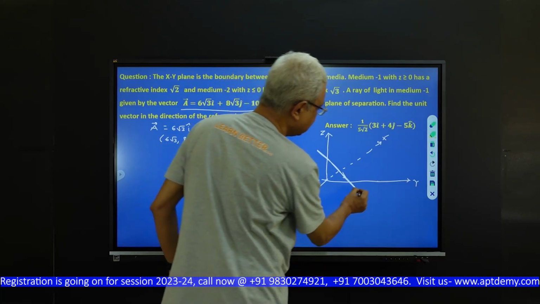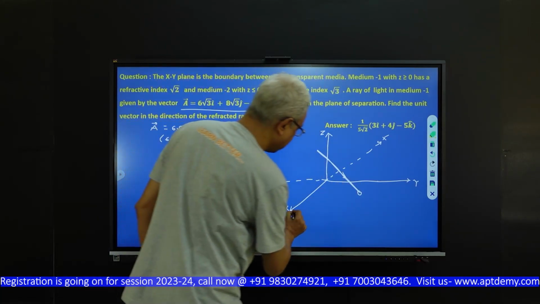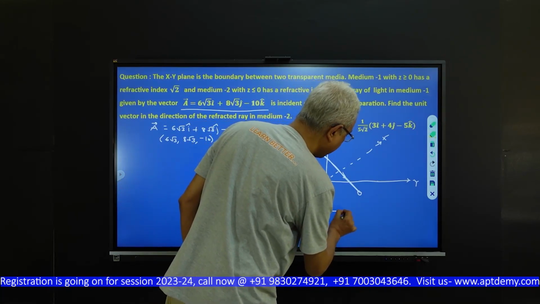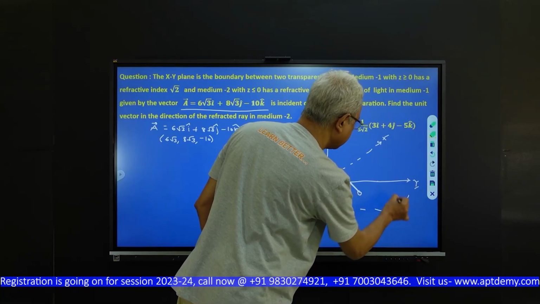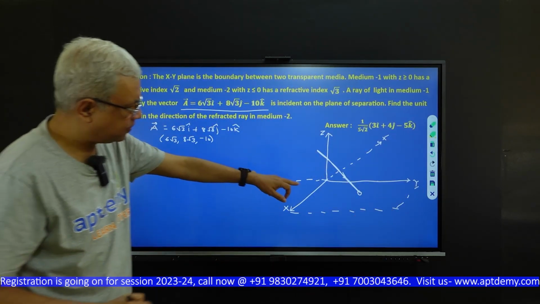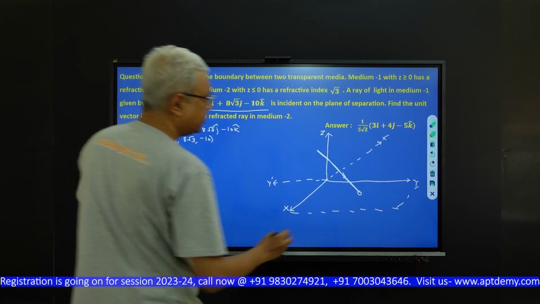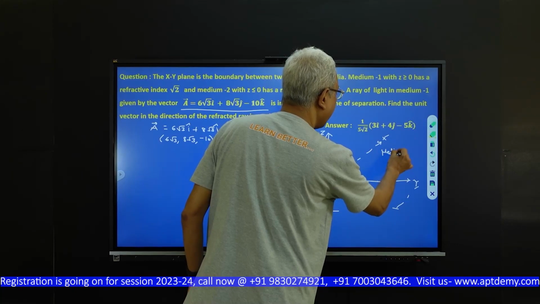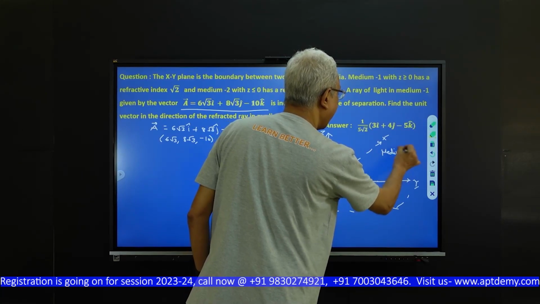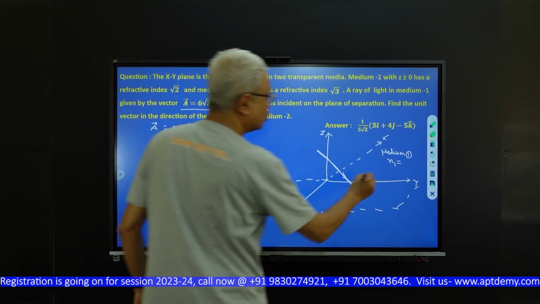It is hitting the xy plane at this point. So this is the xy plane, and this is medium 1, having refractive index n1 equal to √2.